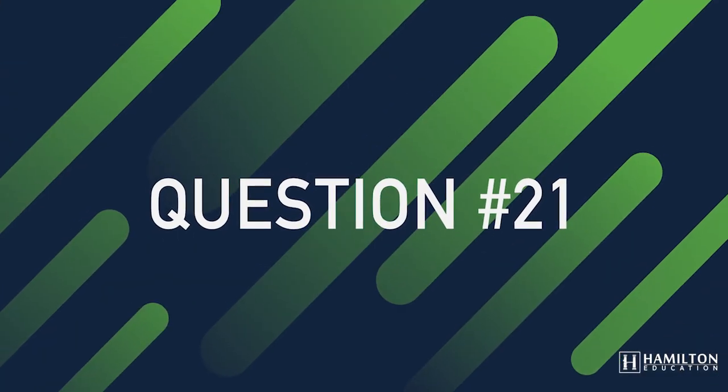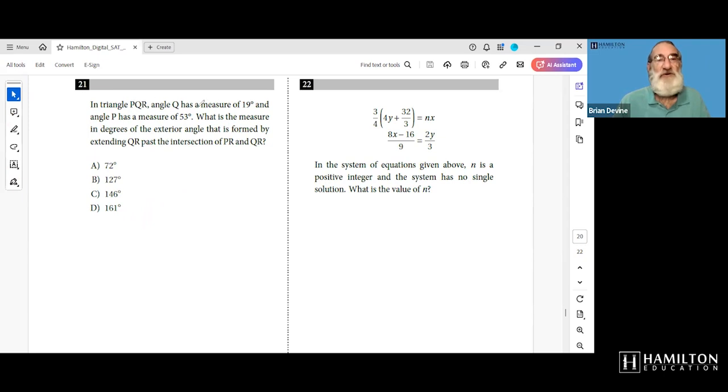Question 21. In triangle PQR, angle Q has a measure of 19 degrees. P has a measure of 53. Let's draw that. So there's P, and 53, and I'll say that's Q up there, and this is R. So this is 53, and this is 19.